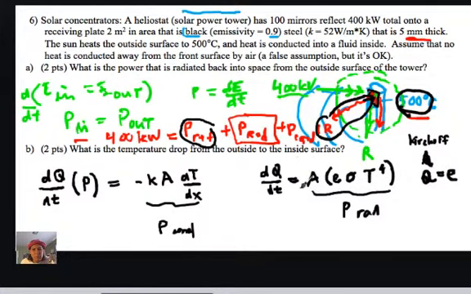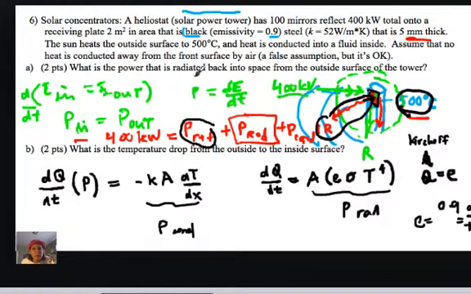So here we've got the emissivity equal to 0.9, which is essentially the ratio of what's emitted to the incoming, the total. I'll just put TOT. That's supposed to be total, not transmitted. So 90% of that is actually absorbed and re-emitted. 10% is reflected off. Okay, so there's a lot to know in this problem.